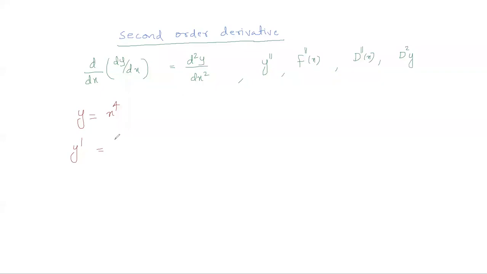So derivative, first derivative is 4x cube. Second derivative मतलब उसका derivative 4 into 3x square, that is 12x square. And if you want to find the third derivative, that means second derivative का derivative. So 12 into 2x, 24x.